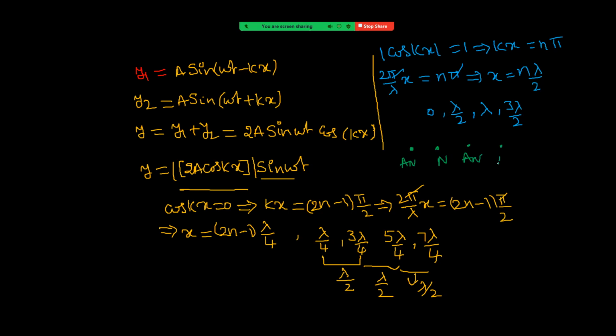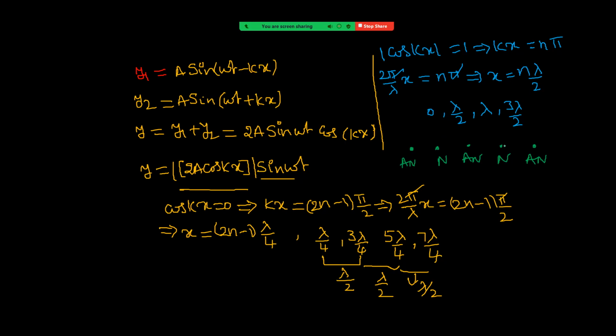Next again node. Next again antinode. So here you can see between antinode and node separation is lambda by 4. I am repeating. Between antinode and immediate node separation is lambda by 4. Antinode and antinode, that is lambda by 2. Node and node, it is lambda by 2.